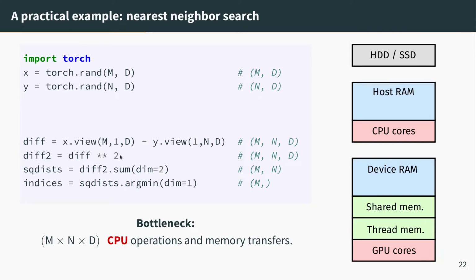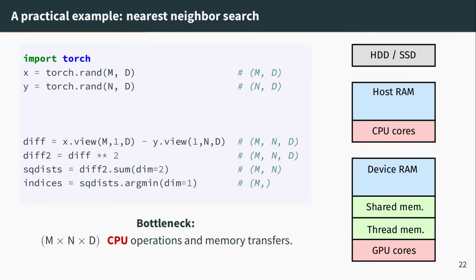When I instantiate the array of differences, this M-N-D array, I'm allocating a very large array in RAM and I'm filling it using the CPU. So I pay M times N times D CPU operations and memory transfers, and it's going to be very slow. Beyond M and N equal to 1,000 or 5,000, you're going to wait a few seconds. If you want to work with high resolution 3D meshes, it's not going to cut it.